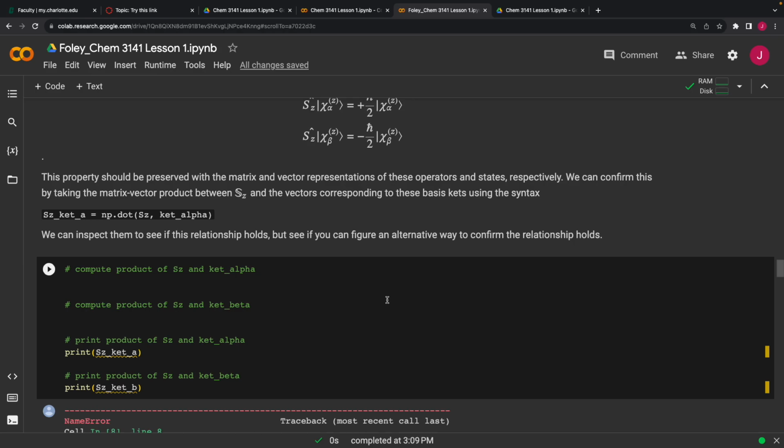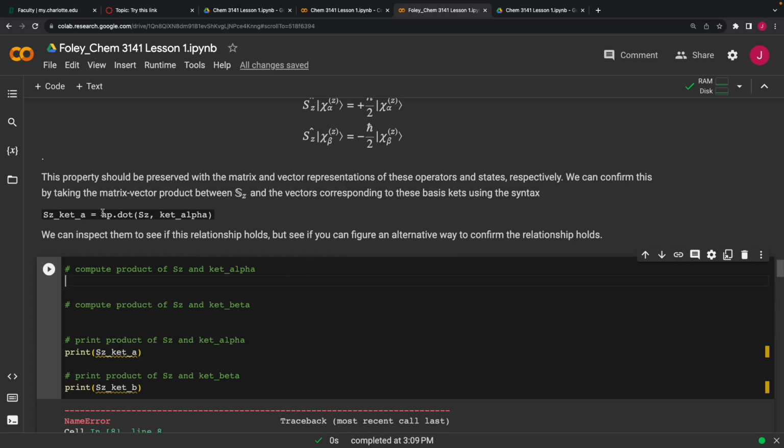And we are going to do the same thing with SZ on ket beta and see if SZ multiplied by ket beta yields ket beta multiplied by minus h bar over 2. We'll first just inspect the results and see if it works, and then we can add a layer of sophistication where we perhaps compare it directly to h bar over 2 times the corresponding ket.